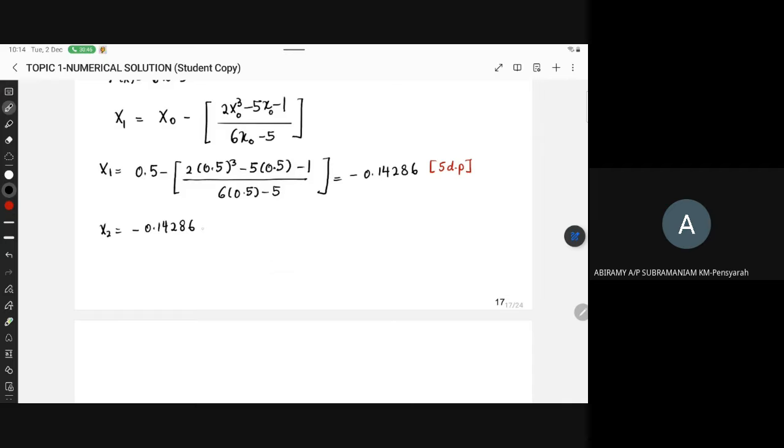Now we are going to substitute x with the value from the previous step, which is negative 0.14286, minus 2 times negative 0.14286 cubed, minus 5 times negative 0.14286, minus 1, divided by 6 times negative 0.14286 squared, minus 5.